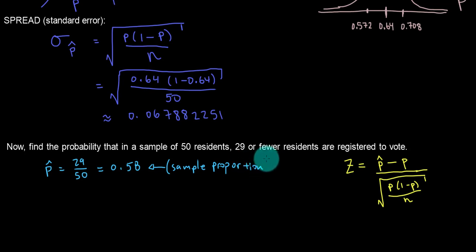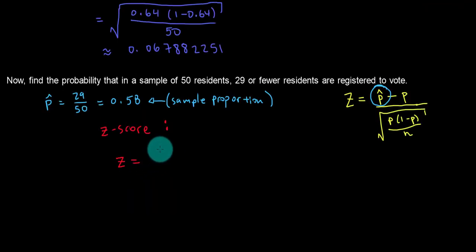That's what's going to get plugged in to this z-score over here. And we now know all the other bits and pieces. So let's calculate this z-score. Plugging in the numerator, p with a hat is 0.58.